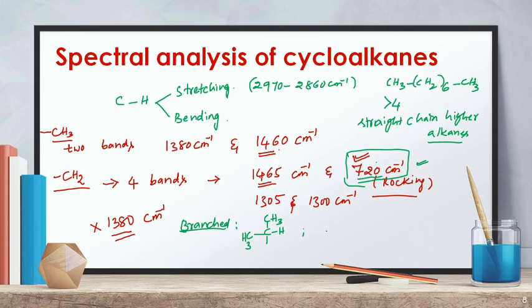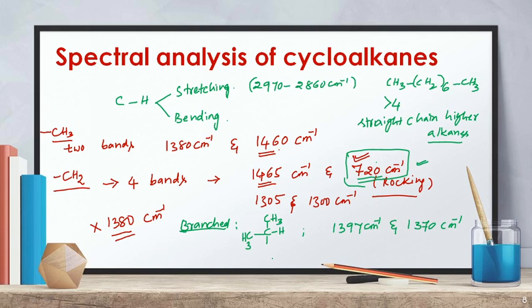If the two absorption bands are found at 1397 cm⁻¹ and 1370 cm⁻¹, then you can say that your compound contains an isopropyl unit. This is the key idea in the identification of an isopropyl group.